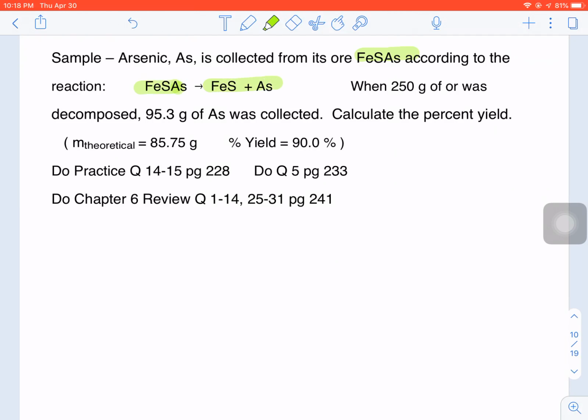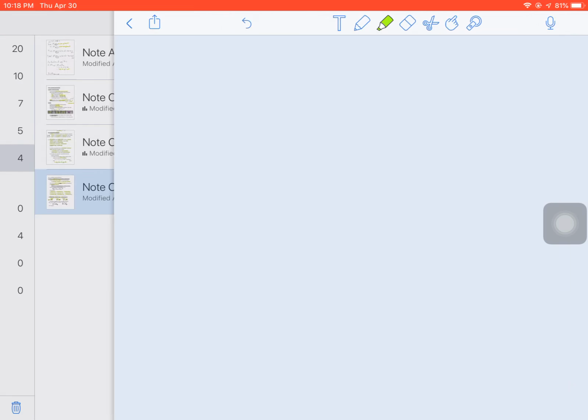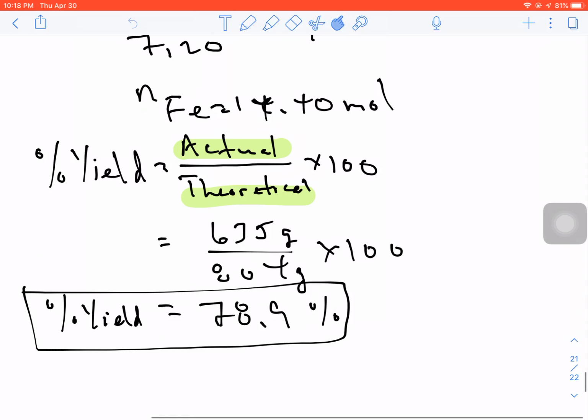Okay, so there's the ore, there's the rock that I'm going to start with. That's what an ore is. An ore is a rock. So let's write FeSAs. It's going to decompose into FeS plus arsenic.